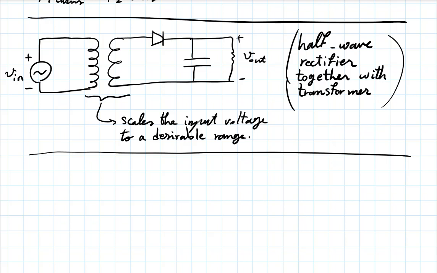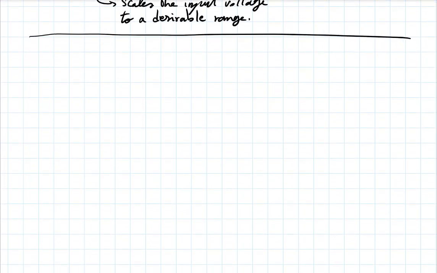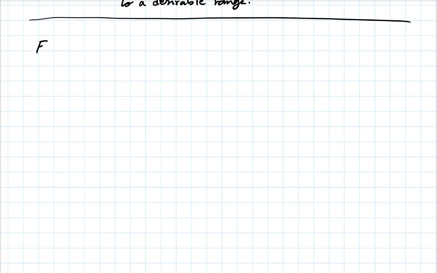The next thing I wanted to talk about, building very directly on these, is, well, why half-wave? Isn't it a shame that we are throwing away that half? So I want to draw a circuit that's a full-wave rectifier, and I want you to think about the analysis on your own for a few minutes. A full-wave rectifier.